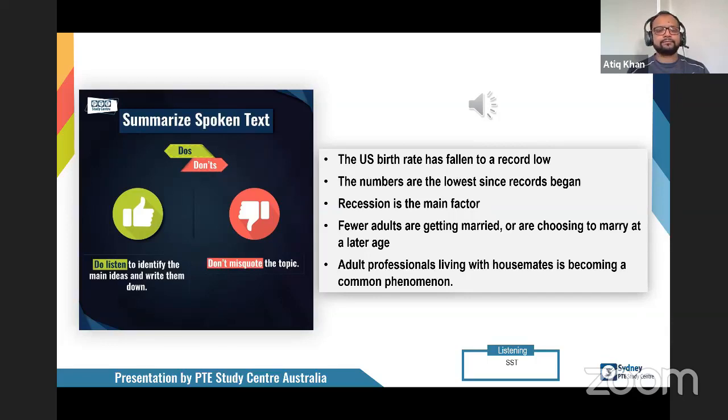Meanwhile, another change in the American household: more singles. Data now shows that fewer adults in the country are married, 51% compared to 72% in 1960. And that Americans on average are getting married at a later age than ever. And in related matters, the phenomenon of adult professionals living with roommates well into their 30s and 40s is becoming more and more common, and not just in New York City.